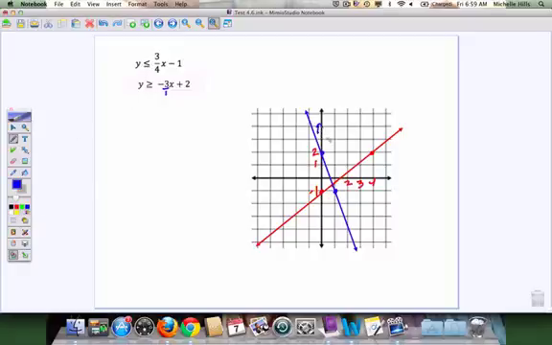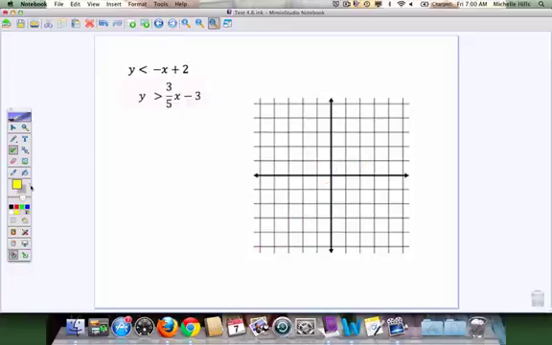So for the blue one, I actually want to shade above the blue one. But this one is a less than, so I want to shade below this one. And in this case, the region that is true for both of those is out here. So I'm going to shade in that whole region. And then I'm done with my graph.